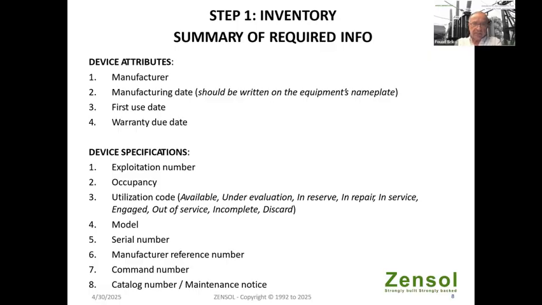It gives the information on whether the apparatus is available: in reserve, in repair, in service, out of service, etc. You have, of course, the manufacturer and the serial number.